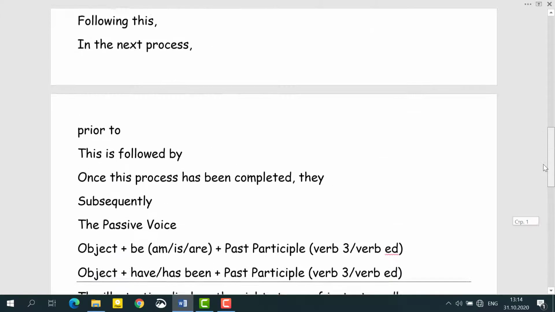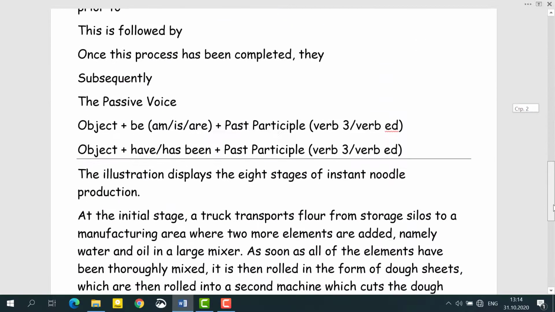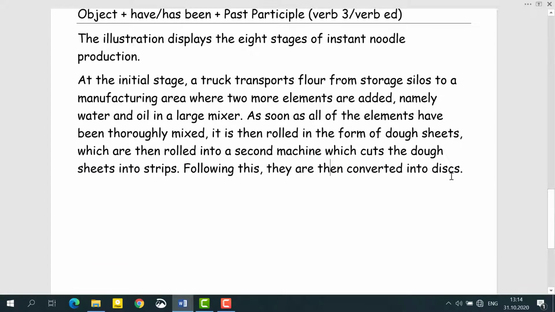Now, let's just look at the next step of the process. Number 6, look at this carefully. So we have cooking oil plus drying. Okay, so how can we write this sentence?